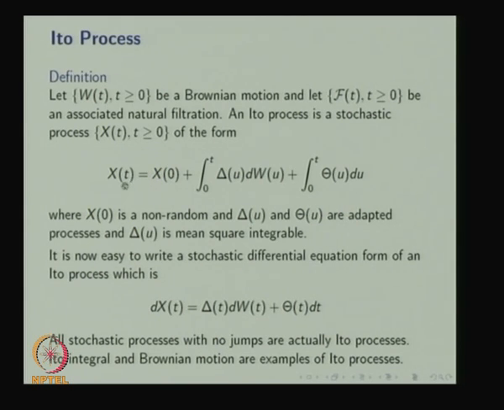For all t, if you are able to write X_t in the form of one Ito integral and one Riemann integral, and both the integrands are adapted processes, that means delta(u) is F_u measurable as well as theta(u) is F_u measurable, as well as delta(u) is mean square integrable, that means the integral from 0 to t of the expectation of delta squared(u) du is a finite value, then we say it is mean square integrable.